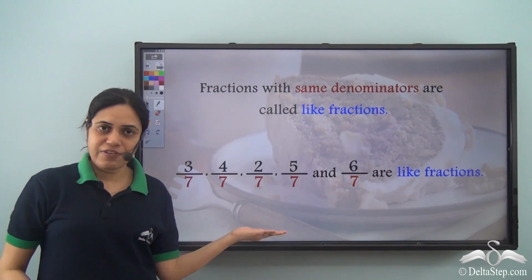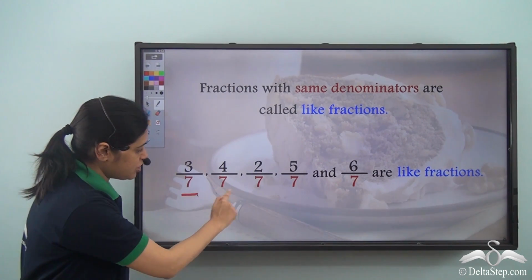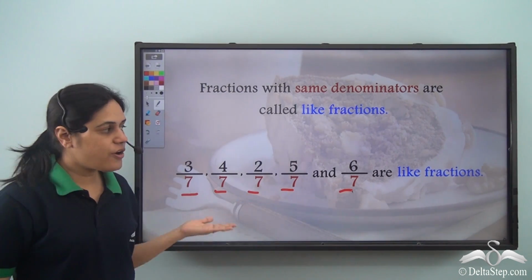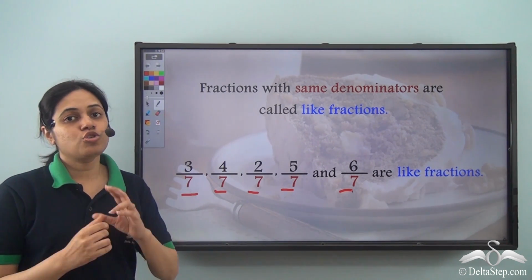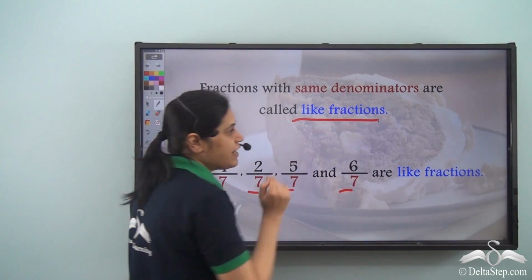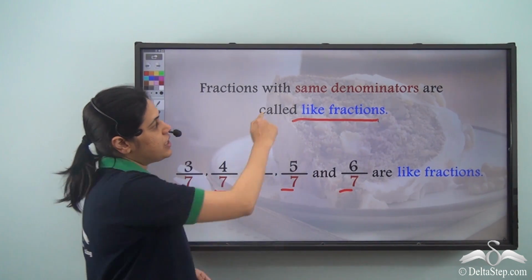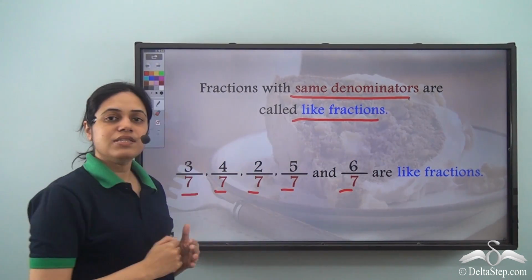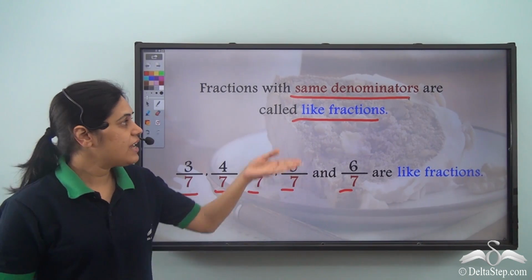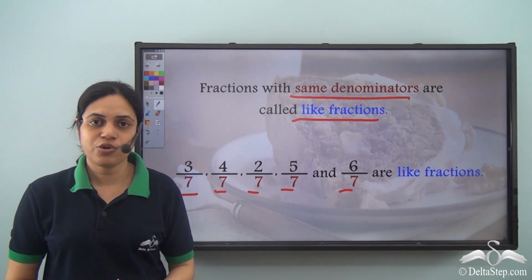So if I look at these fractions, all the fractions have 7 in the denominator. So these are all like fractions. So 2 or more fractions are said to be like fractions if their denominators are the same. So I need 2 or more fractions to say whether they are like fractions or not.